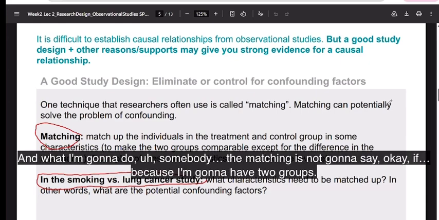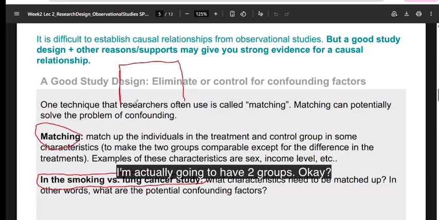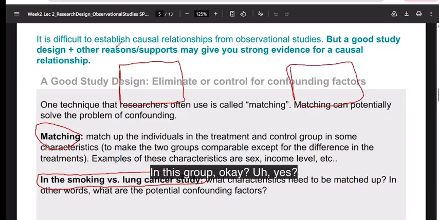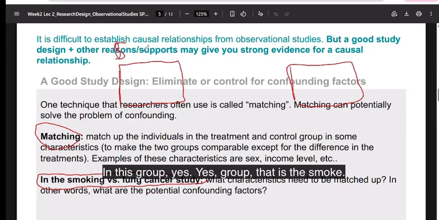What I'm going to do is have two groups. In this group, yes, that is the smoke group.